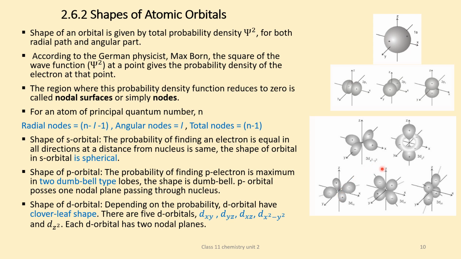So one is dxy, dxz is here, dyz is here, and dx square minus y square is this shape, and dz square is this one. Each d orbital has two nodal planes.